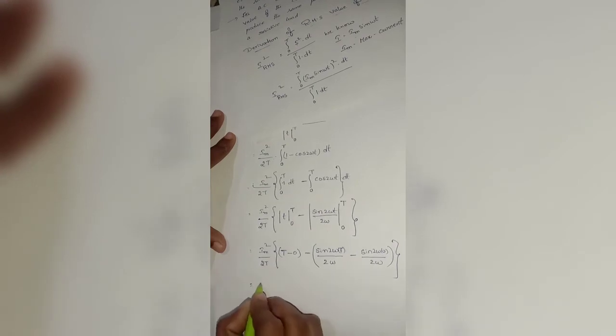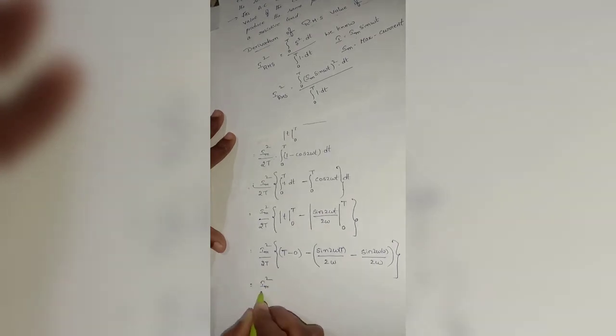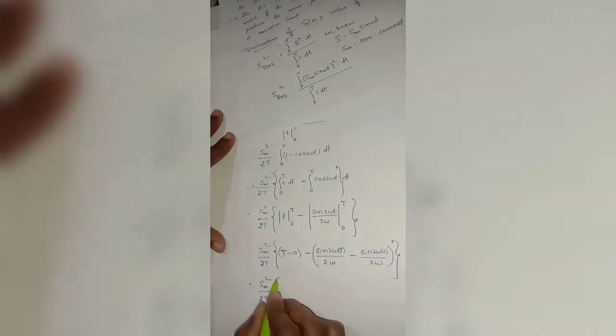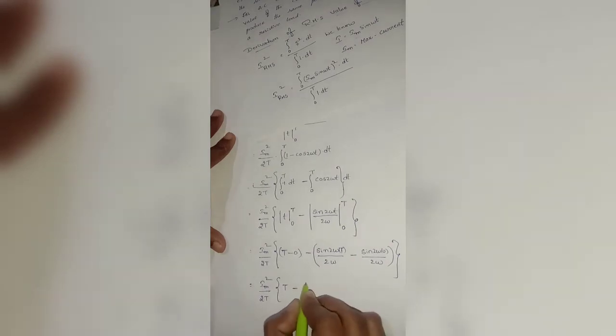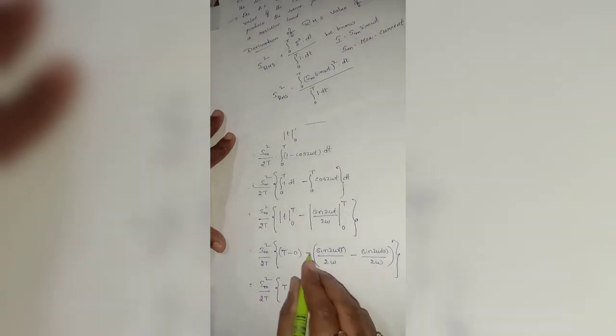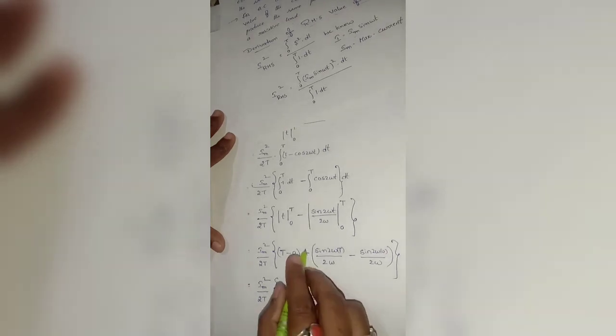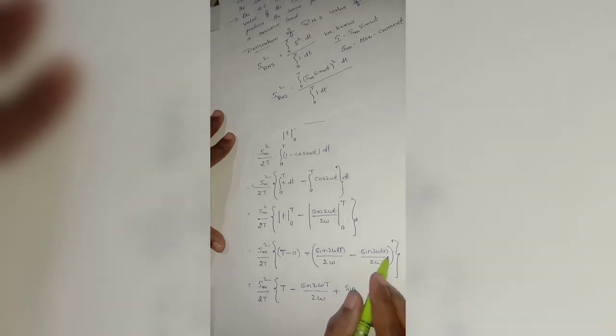This is equal to Im square by 2T, T minus 0, T minus sin 2 omega T by 2 omega, minus of minus plus sin 2 omega into 0, sin 0 by 2 omega.